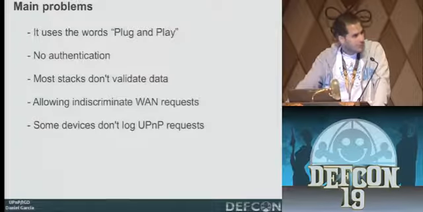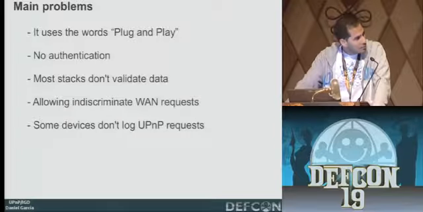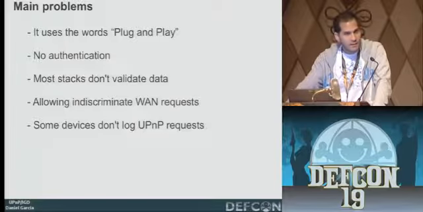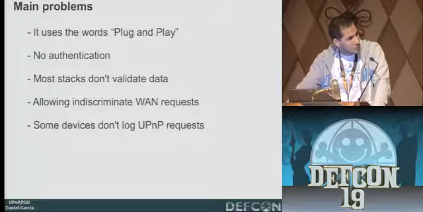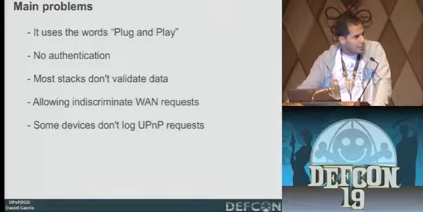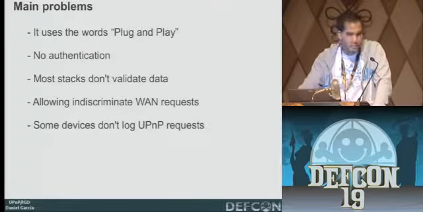In this case, a lot of stacks do not check if the internal IP is actually on the LAN. So that allows us to put any IP that we want in that port mapping. If I want to add a port mapping on the device pointing to an Amazon IP at port 80, it's doable in most devices, which is also a little bit weird.